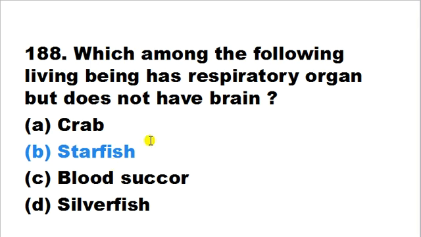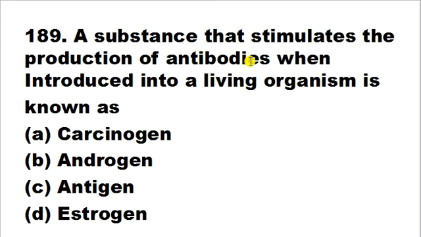A substance that stimulates the production of antibodies when introduced into a living organism is known as carcinogen, androgen, antigen, estrogen. So here the correct answer is antigen. Antigens are any foreign particle or foreign body or microorganism. Whenever they are introduced in our body, they cause the production of antibodies.